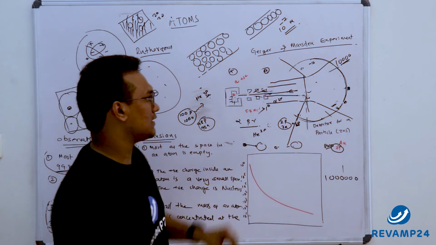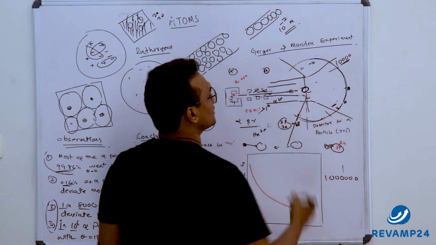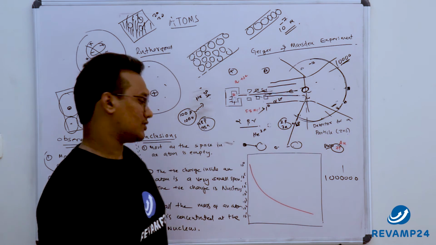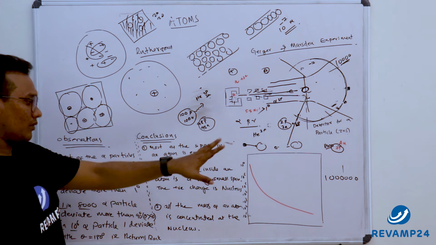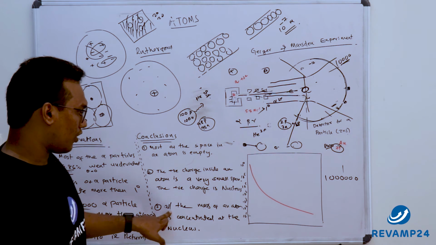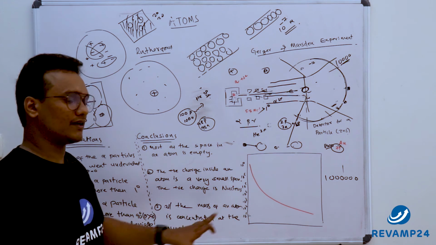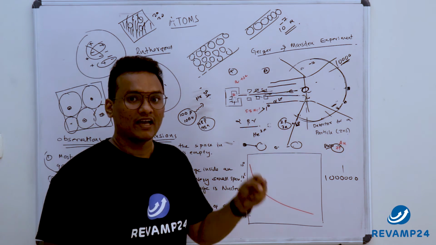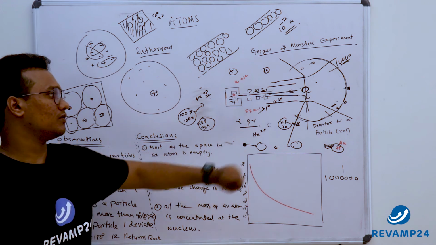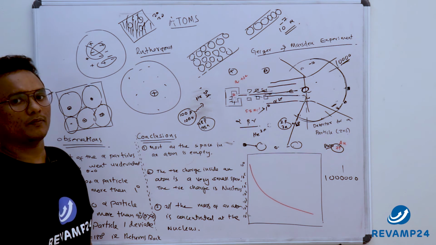Now see, the positive charge is in a small space. That is the reason only a very small number of the alpha particles have got deviated. Now some have deviated by an angle of 180 degrees. Why? Because all the mass of an atom is concentrated at the nucleus, and the nucleus is heavier, approximately 1900 times heavier as compared to the mass of an alpha particle.